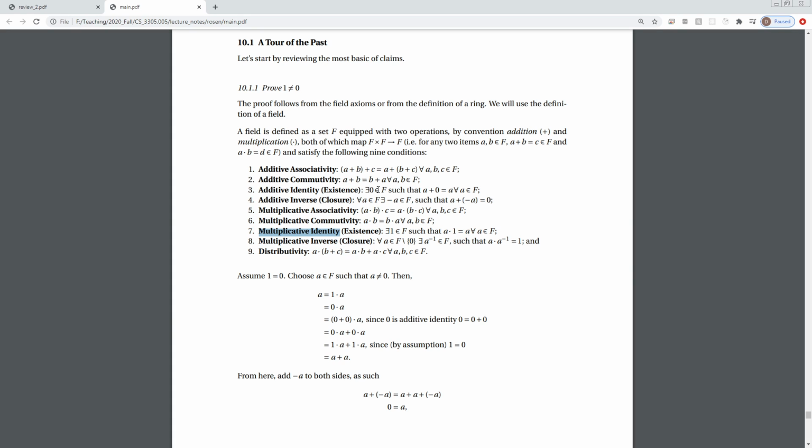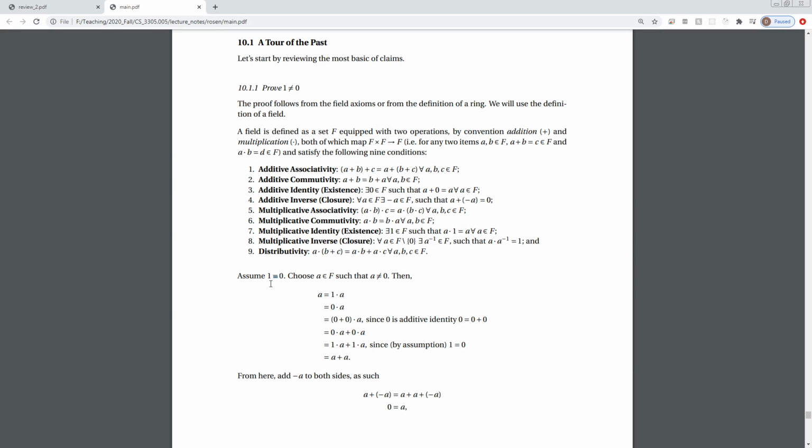So something that you can add to another thing, we'll call it 0, and get back whatever the other thing was. And then something that you can multiply by, we'll call it 1, and get back whatever you multiplied it by.